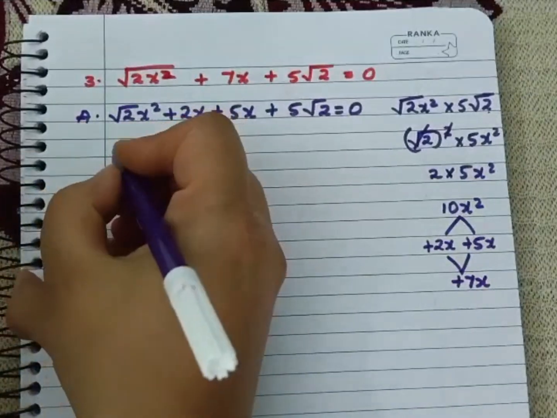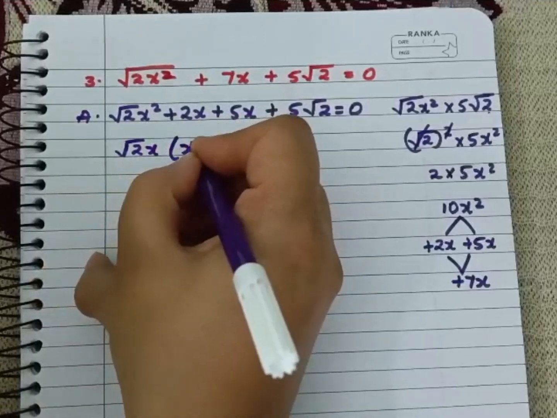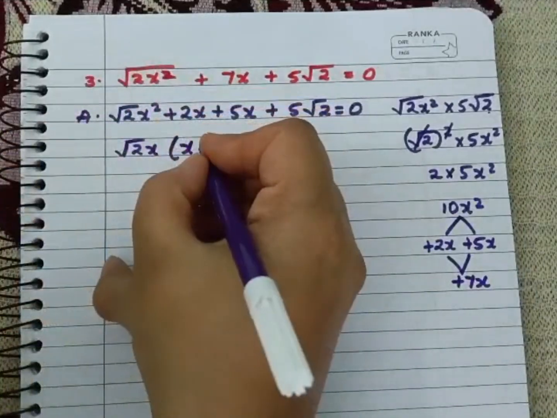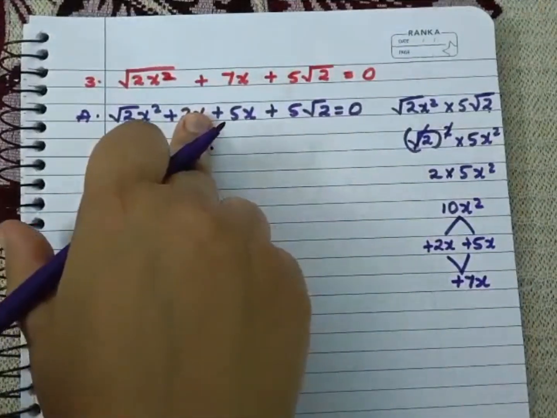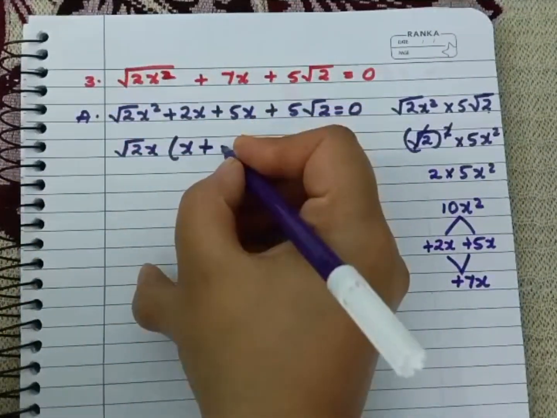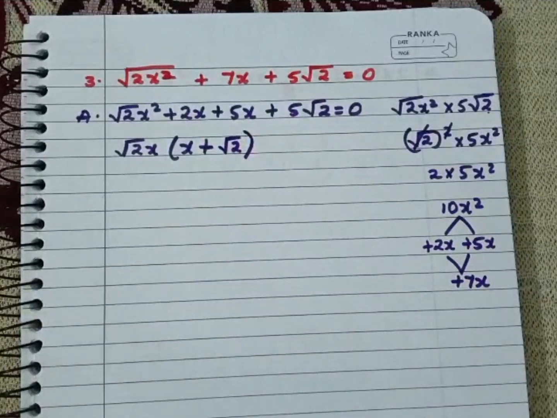We have to multiply with root 2x, that is root 2x into x is root 2x square, plus I'm going to write over here, and to get 2x I'm going to multiply root 2x into root 2. How will we get root 2 over here? I'll explain to you.